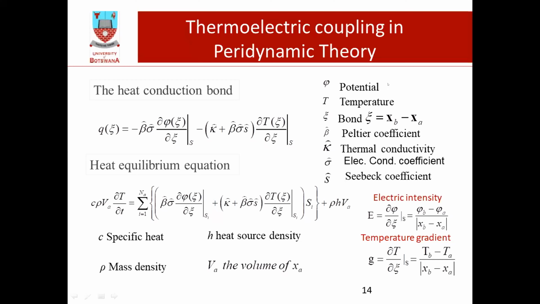Here phi stands for electric potential, T is the temperature, C stands for the bond that connects the two particles, let's say A and B, and beta is the Peltier effect, kappa the thermal conductivity, sigma the electrical conduction coefficient, and S is the Seebeck coefficient.